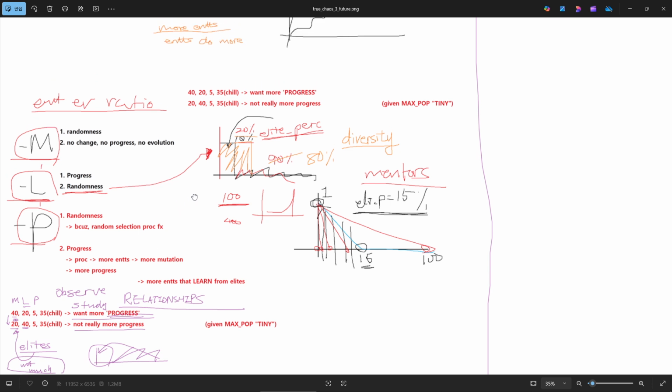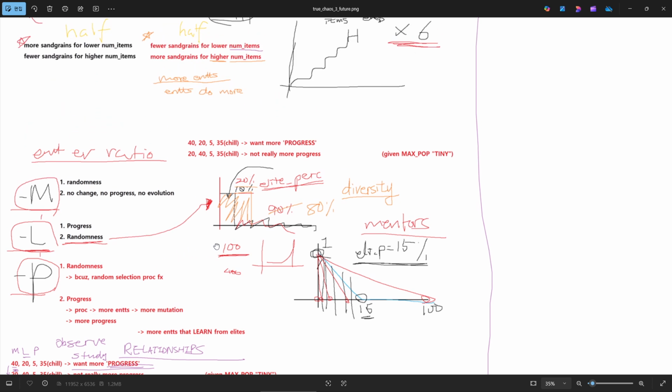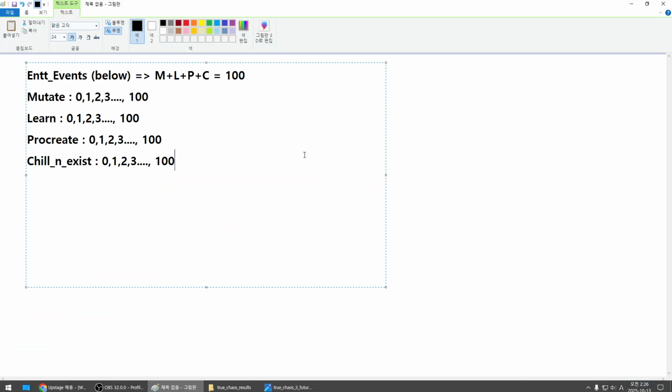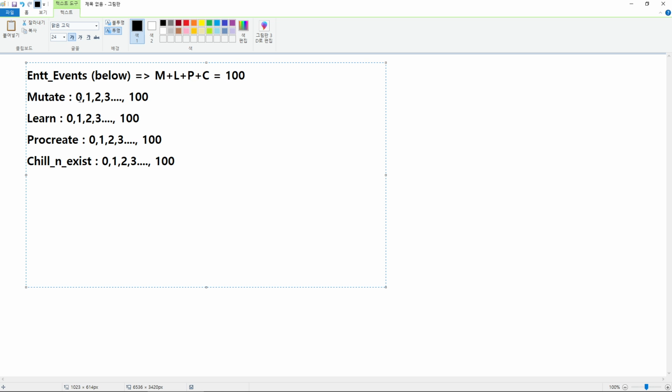So what happens here is that if I set 0 for mutate, then it means that nothing will be mutating.